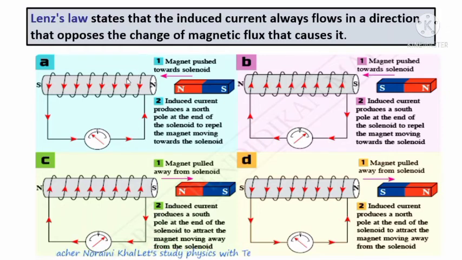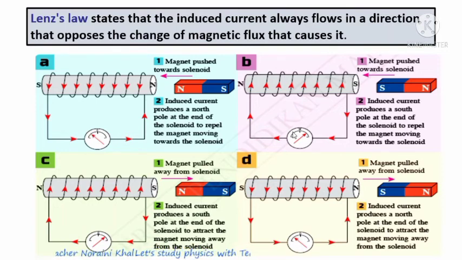So you continue to mark direction of current. You can see current is flowing from right to left, or we can say north to south, right to left. So this one will cause pointer of galvanometer to deflect to left.